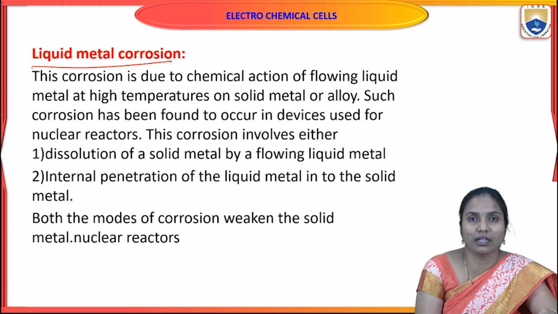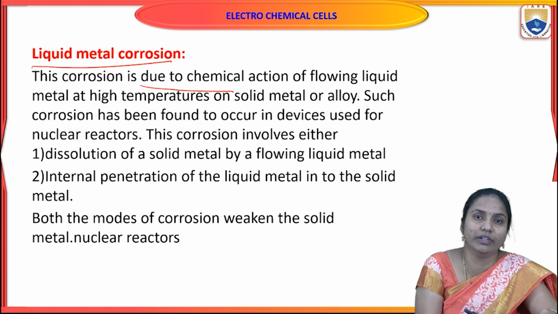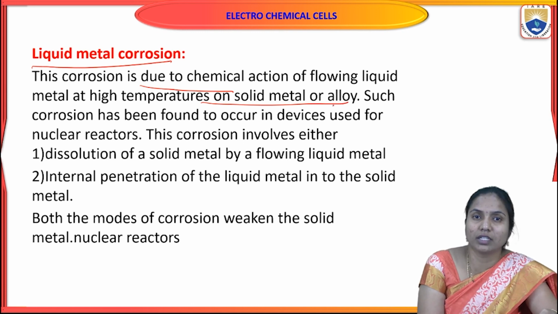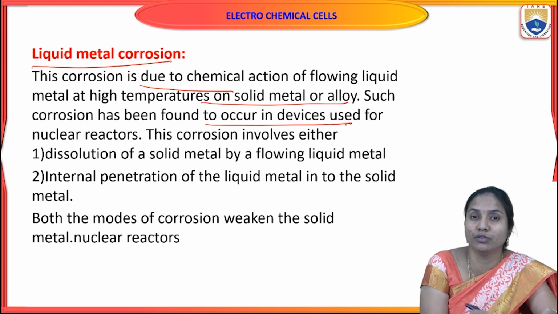This corrosion is mainly due to the chemical action of flowing liquid metals at high temperature on solid metal or alloys. Such corrosion has been found to occur in devices used in nuclear reactors.